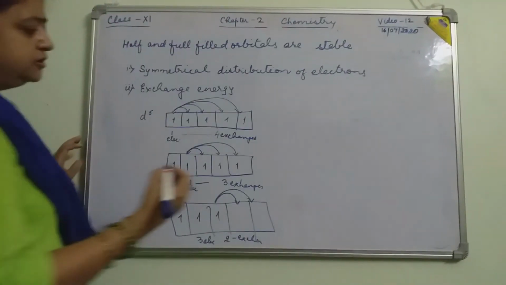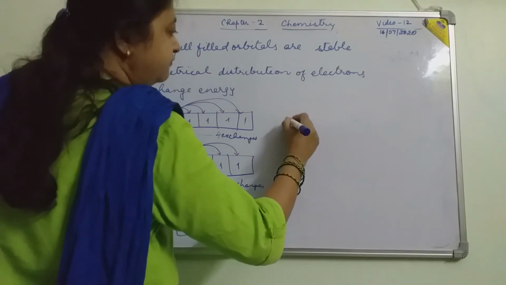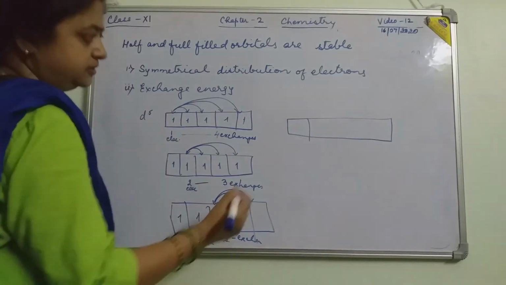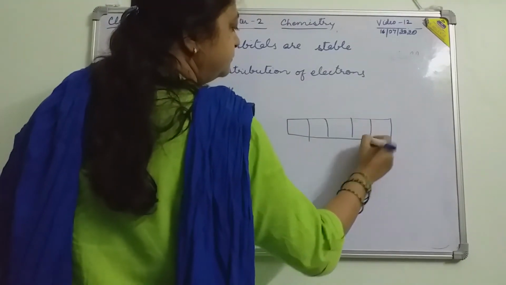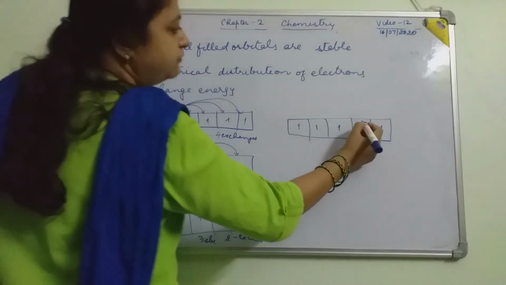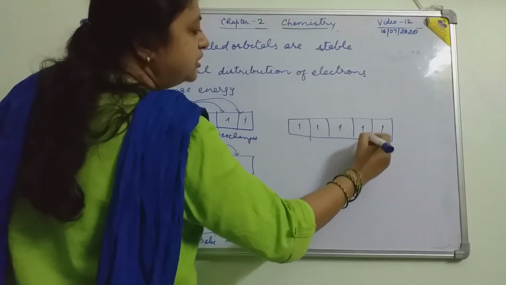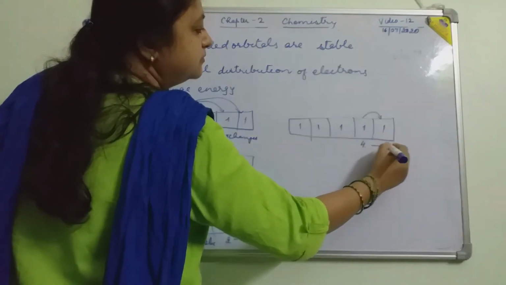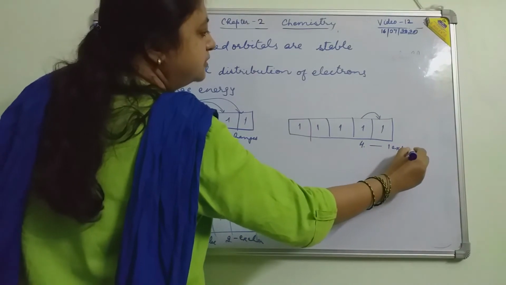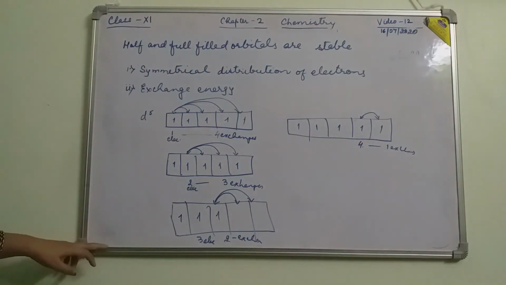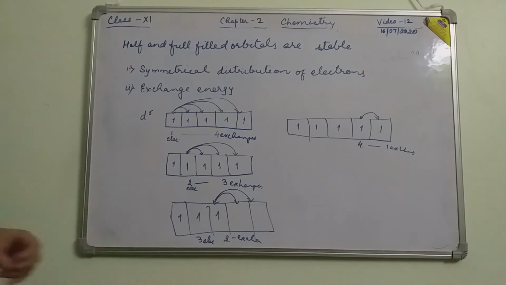There are 2 exchanges, and for the fourth electron, there is only 1 exchange. The more the exchanges, the higher the stability. So half-filled and full-filled orbitals are very stable.